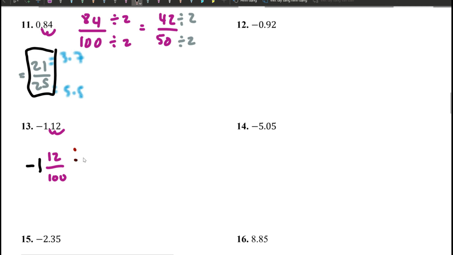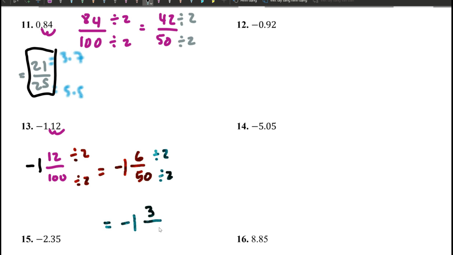Then we can reduce this one by 2. So that will be -1, which is one whole, 12 divided by 2 is 6, 100 divided by 2 is 50, which we can reduce further. So that will be -1 whole and 3 over 25. So that is the final answer.